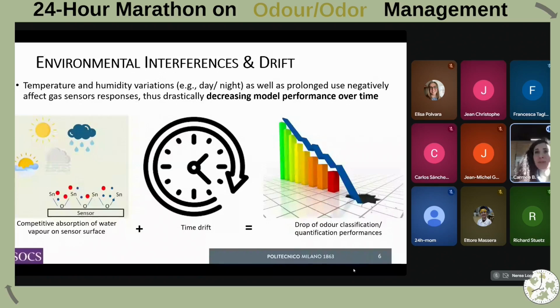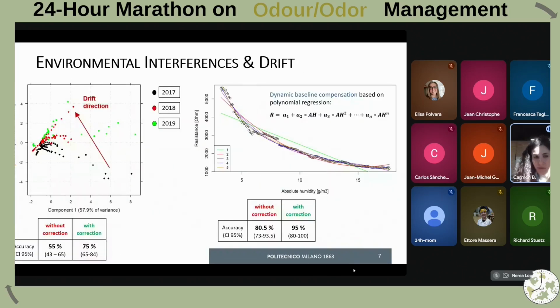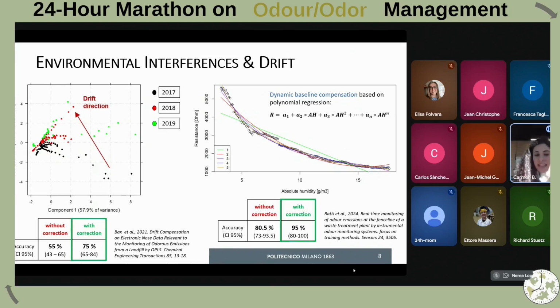This needs to be corrected in order to ensure stable and reliable outcomes over prolonged monitoring periods. We have been working on this topic for many years, and we presented our results relevant to different types of applications in our recent and less recent publications.